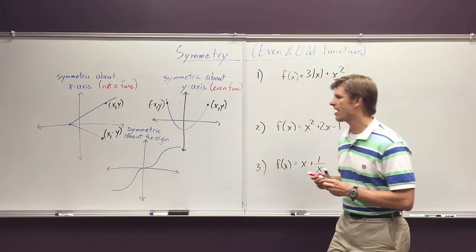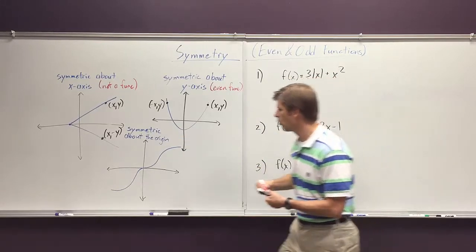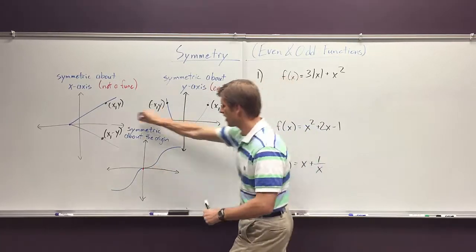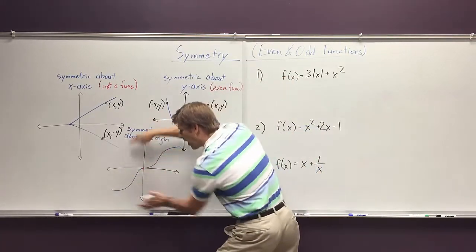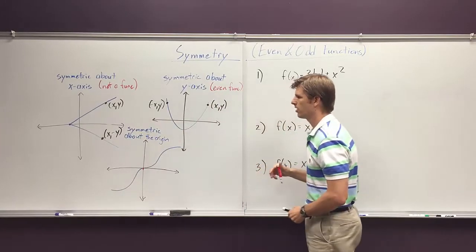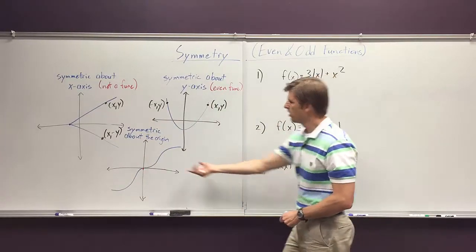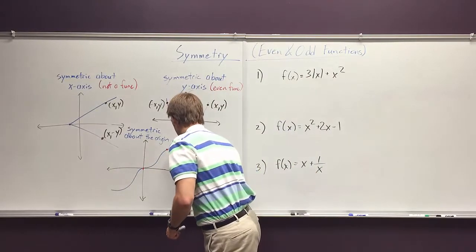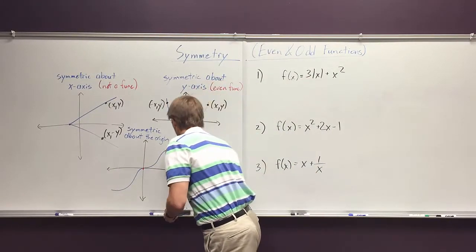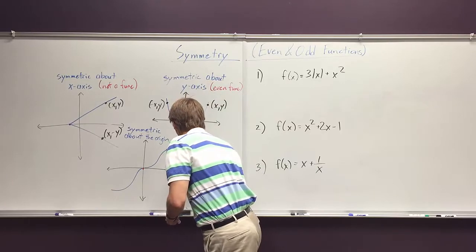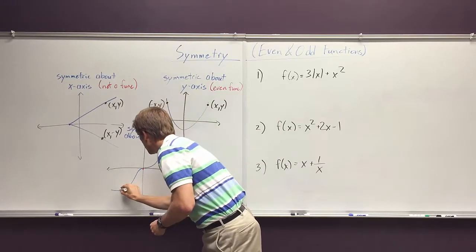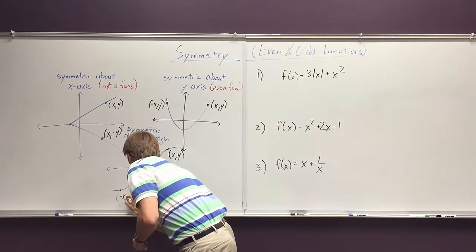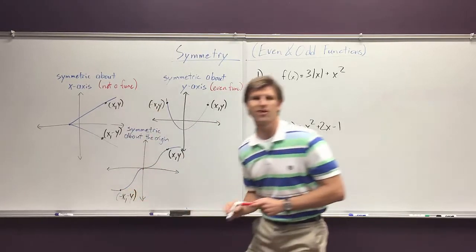The last thing we have is something that's symmetric about the origin. Imagine if I cut out around this and then spun the entire picture. If I spun the entire picture, we would get the same picture. That means this point (x, y) is on the curve if and only if the point (-x, -y) is on the curve.